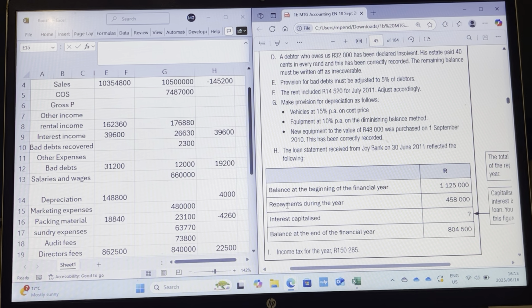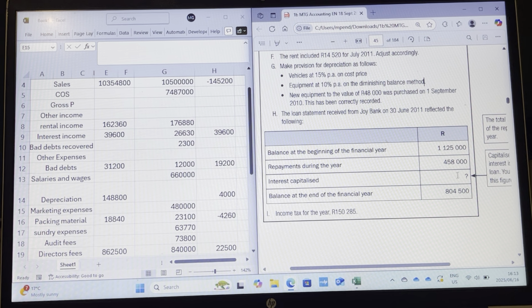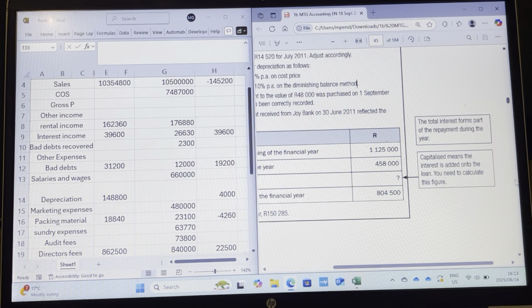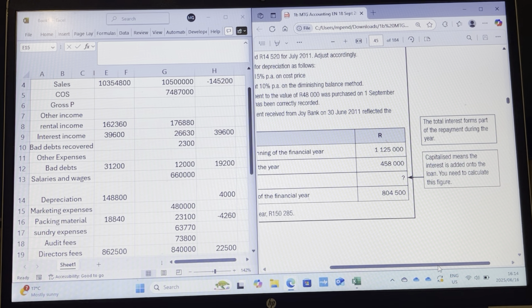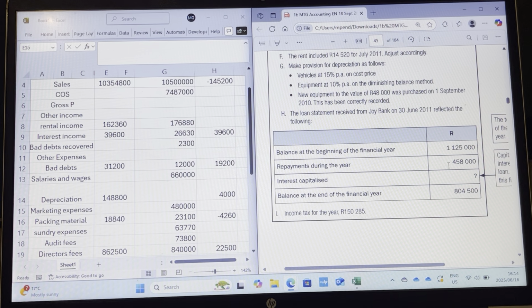We have repayments that we've made of 458,000, and we have interest capitalized. We do not have that line item. Balance at the year end is 804,500. And we are told here on the side note that the total interest forms part of the repayment during the year. Capitalized means the interest is added onto the loan. You need to calculate this figure. So this repayment includes interest.